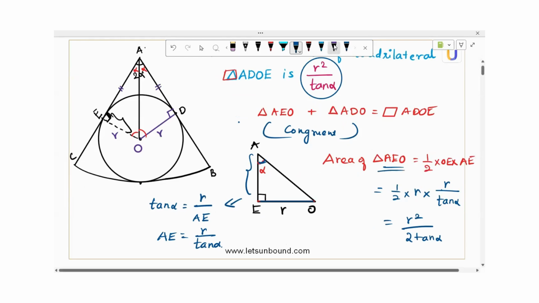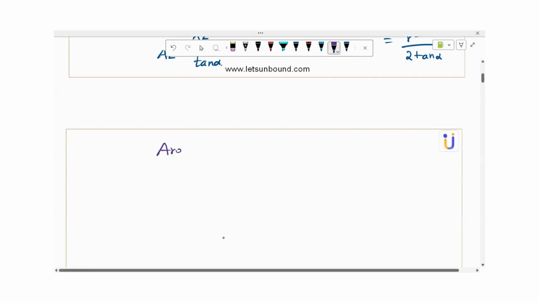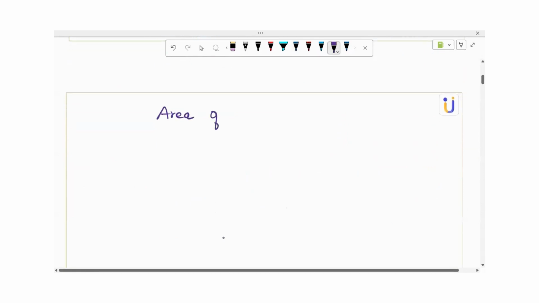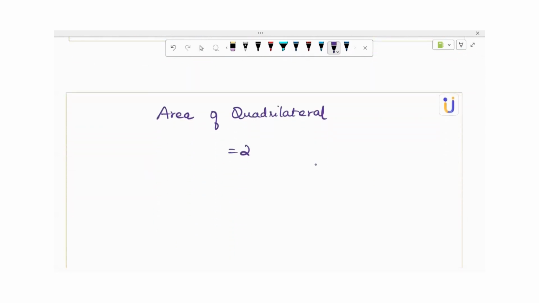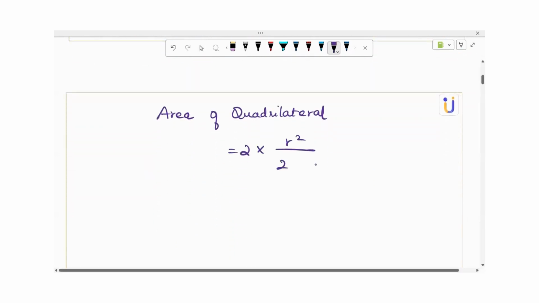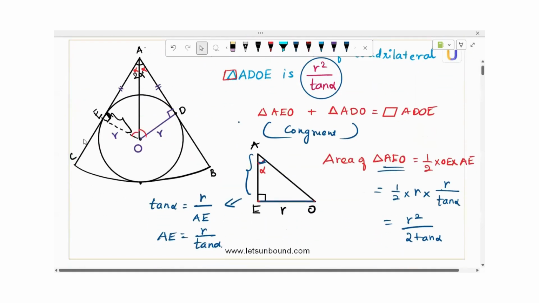But what is the area of the quadrilateral? The area of the quadrilateral is twice, because we split it into two congruent parts, so 2 times R square by 2 tan alpha. The 2 will get cancelled, and we got R square by tan alpha. Hence, it is a proof related question. We have proved this part, right?